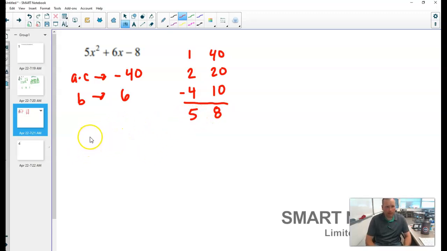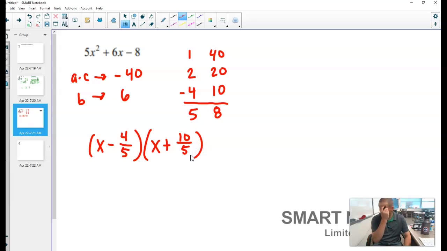Okay, so from there, I'm going to write them in my factors. I'm going to go x minus 4 over a. So a is 5. You got to make sure you put it over a. And then we're going x plus, because this is a positive, 10 over 5 for this one. Bada bing, bada boom. We're just going to simplify it. If it'll simplify, this first one does not simplify, so I put the 5 up.